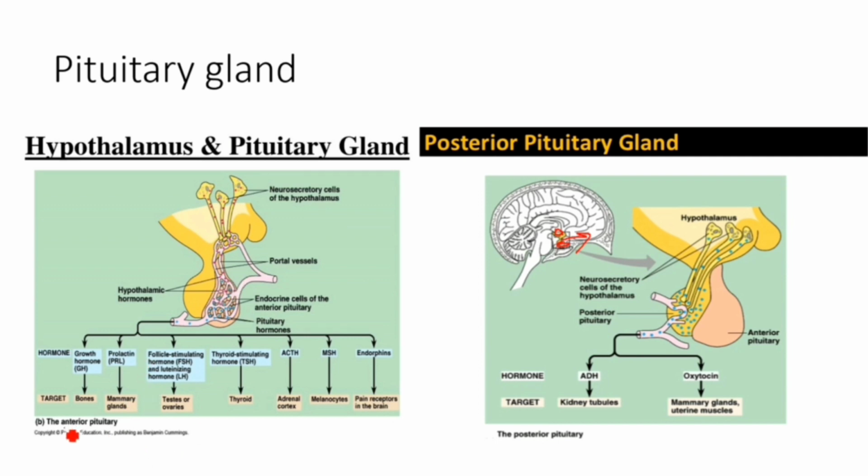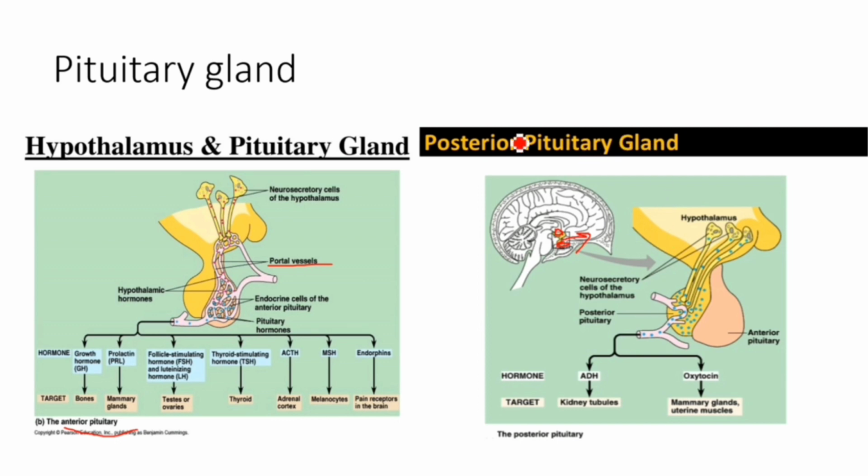This one is the anterior pituitary, which works with the help of the portal system, known as the hypothalamo-hypophyseal portal system. The posterior pituitary, on the other hand, works on the neural system, which is the axons of hypothalamic neurons.